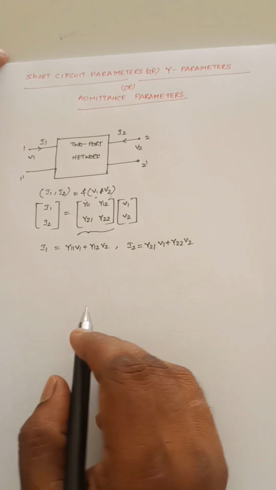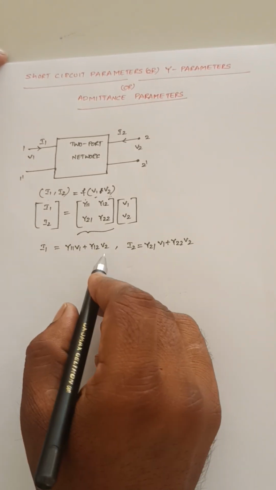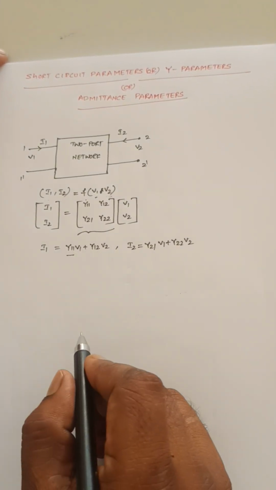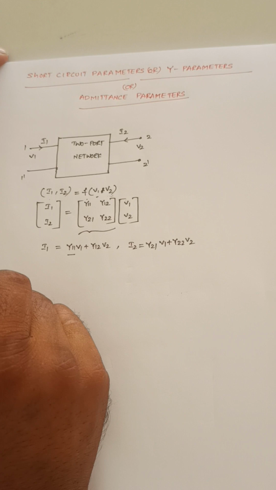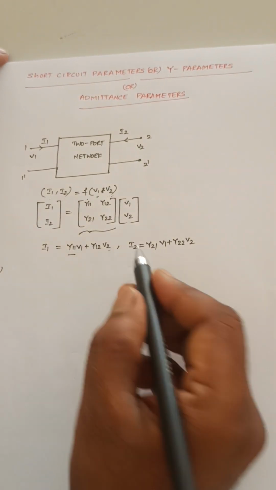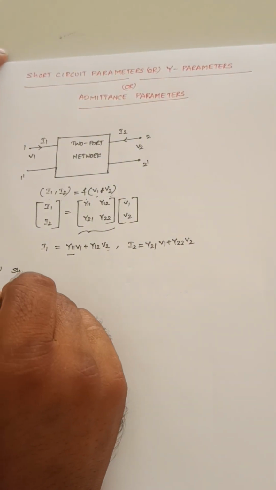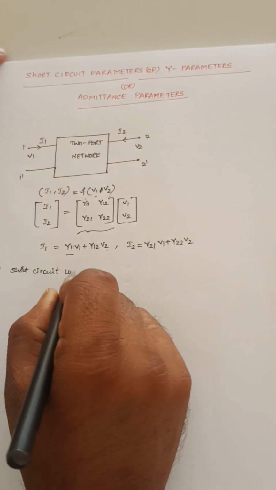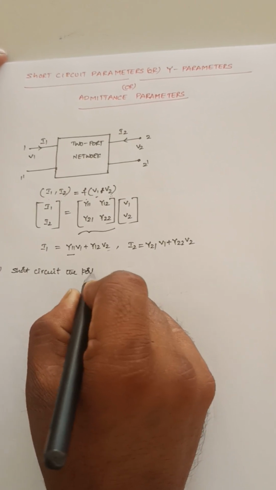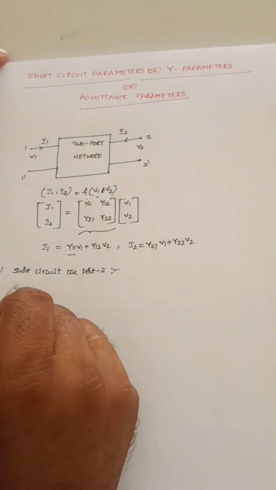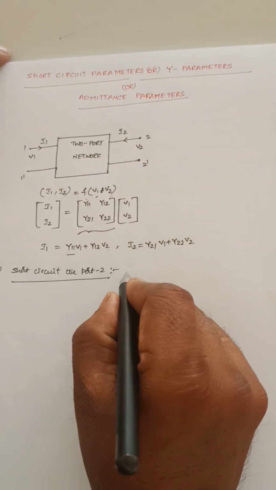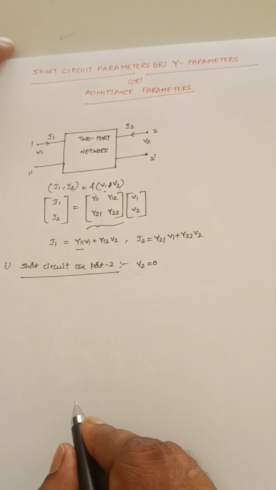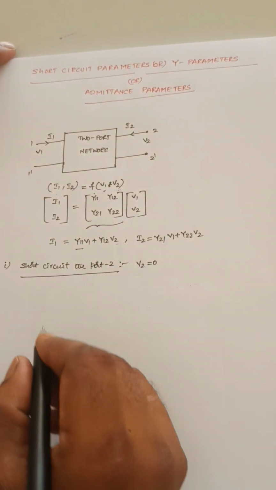Now, how to calculate these Y parameters? First, short circuit the output port, or port 2. Short circuiting port 2 means V2 should be equal to 0, since the voltage of a short circuit is 0.